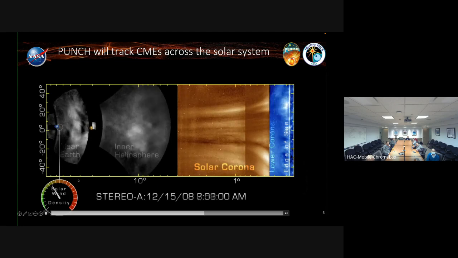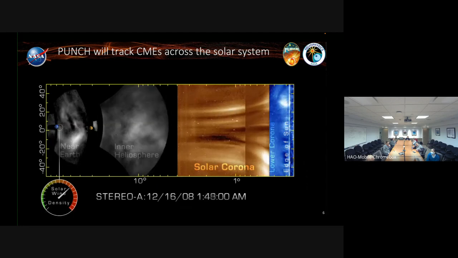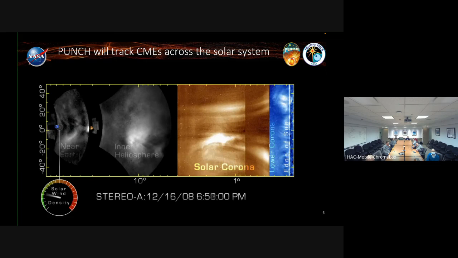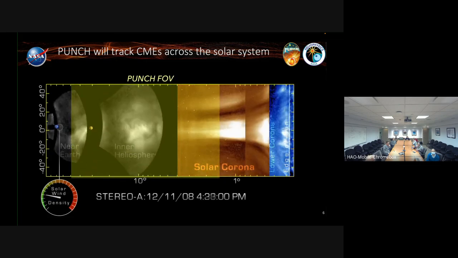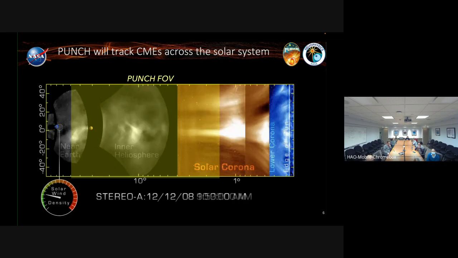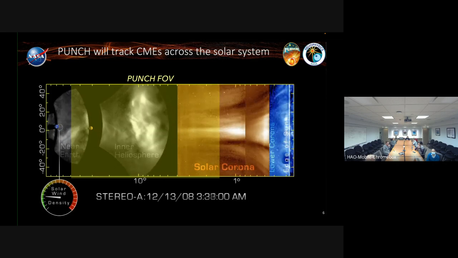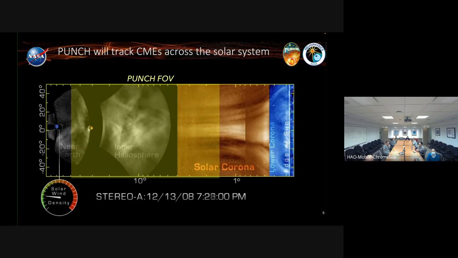So there we go. As it sweeps over, you can see the wind density gauge peg. Wham. There it is. Okay, so this is the Punch field of view from the outer corona through the inner heliosphere, and we're imaging that as seamlessly as possible. You have to have a seam, but we're doing our best to minimize it.